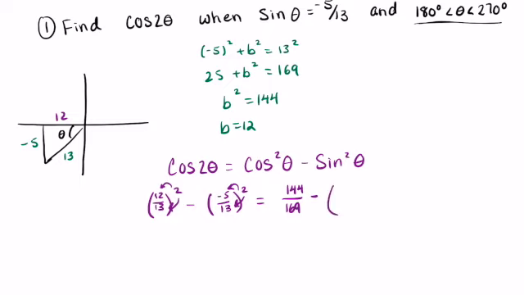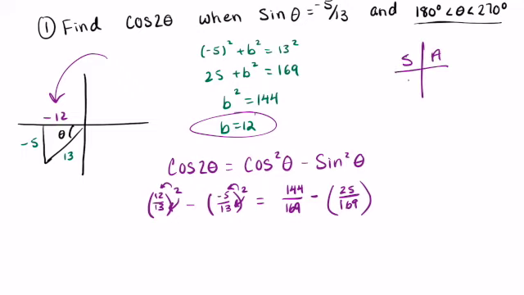Now, I just caught something, and it's good to go back and make sure we've done this. I want you to look right here at my value of cosine. Cosine is on the negative values of x, so we actually need to make sure that we're calling that -12. Even though we didn't get that here, we know that based on our all students take calculus, in quadrant 3, sine and cosine are negative.